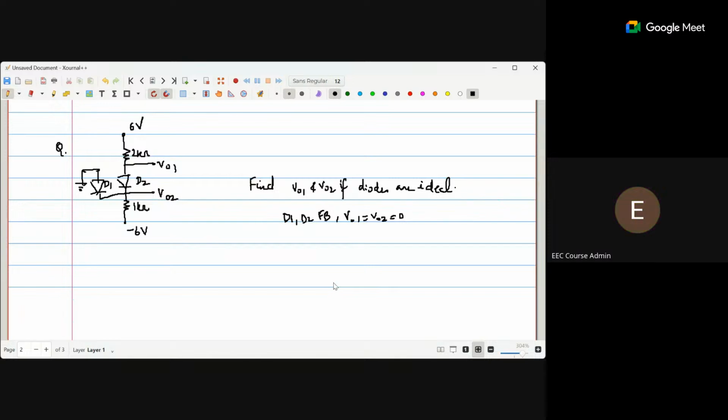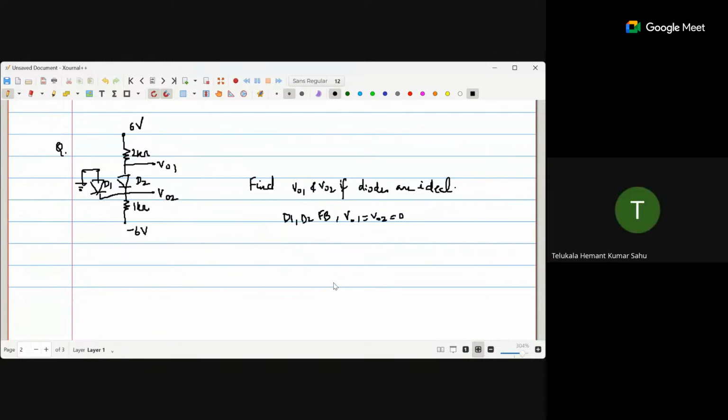Correct. You go with the assumption that both are forward biased or some assumption you start with. Then you proceed finding the values for the current or voltage, and then you check the validity of your assumption. That is the way to do diode circuits. But you can't assume something like V02 is minus 2 volts.